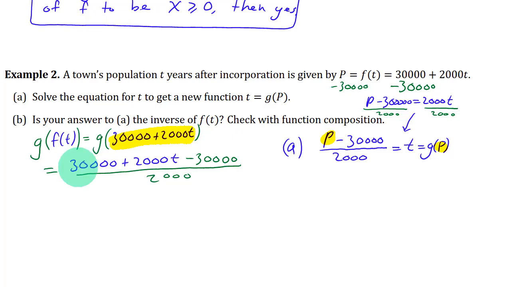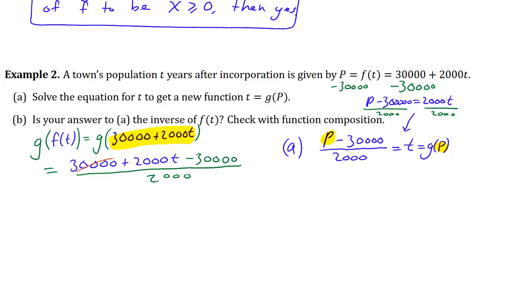So just the blue part here is the population after 5 years. And then you take that and you subtract 30,000 from it and divide by 2,000, that's what should just give you t. That's what this function does, is you plug in a population and the output should just be the year at that time. So that's what's going to happen here.